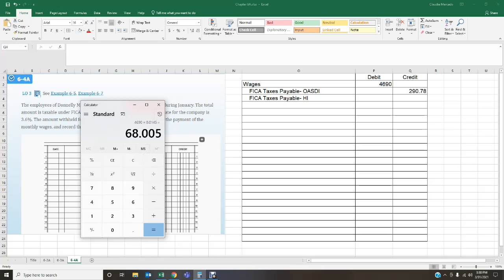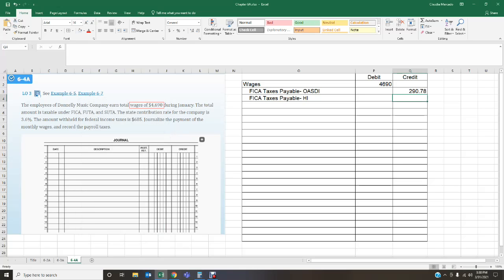I'm going to round that second digit up to a 1. So that will be $68.01. Remember, if it's 5 or greater, we round up that second digit. If it's between 0 and 4, we keep that second digit as is. So, because it is a 5, we're going to round that up to $68.01.